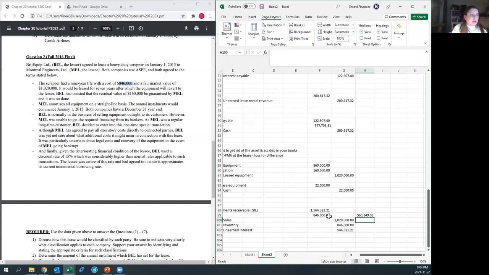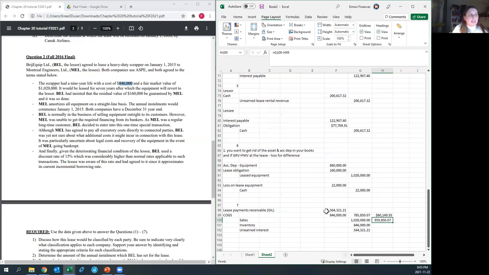So your COGS could be 846,000 minus your 60,000, and your sale could be 1,020,000 minus your 60,000. So 959,000. So either this amount and this amount, or this amount, both are good. And it doesn't change your lease payments receivable or your unearned interest.